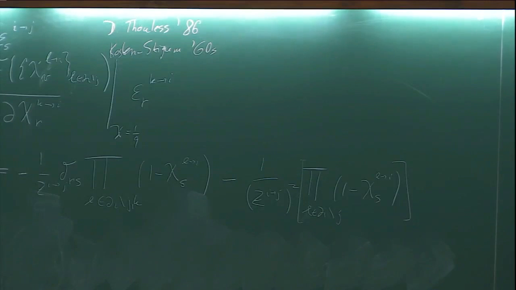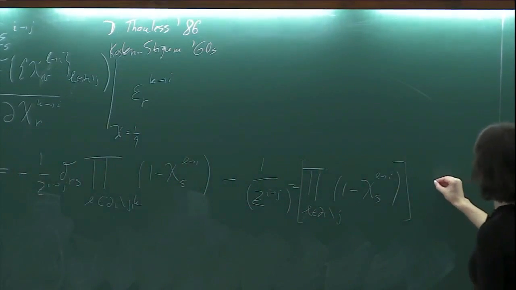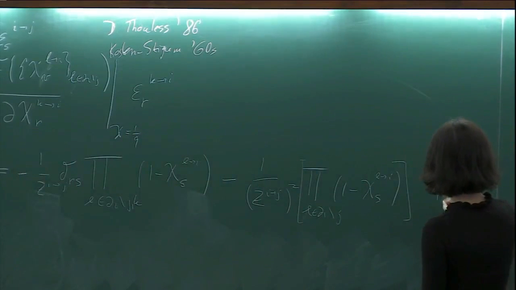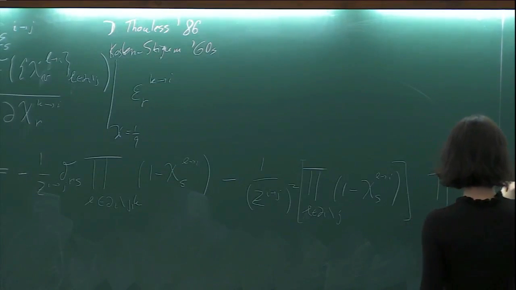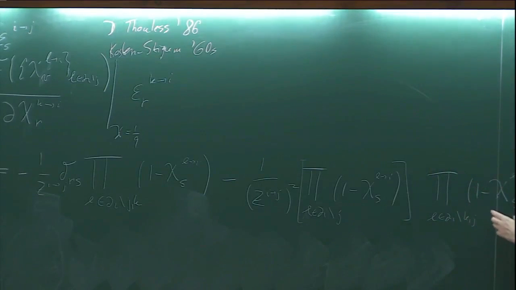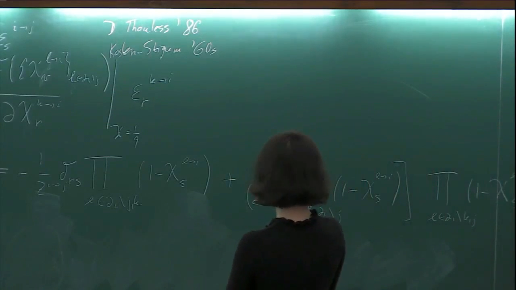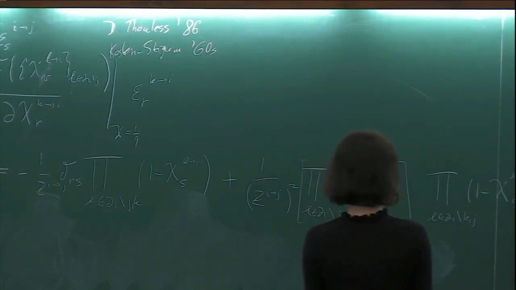So here I don't have any delta rs, I just have this product over the L that is around I, but not K and not J, of 1 minus xi from L to I S. And then I also have the minus that comes from the derivative of this term, because there is a minus here, so that changes the sign here. Okay, that's it. So the derivative is done.